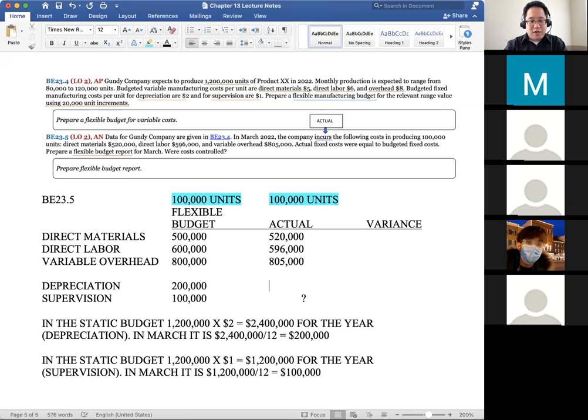And it says the actual cost is exactly what the budget was. Okay, can anybody explain where I got this 200,000 from? Anybody want to try to explain that?